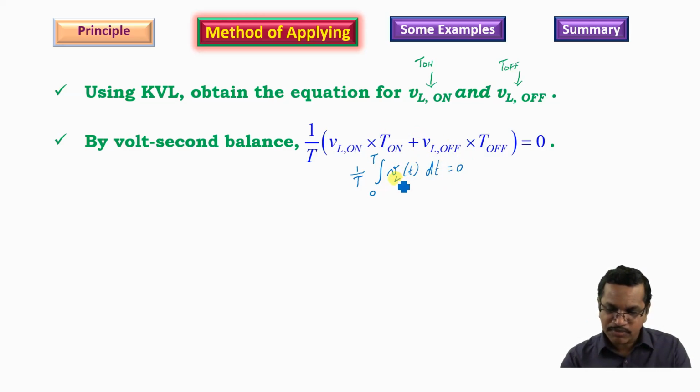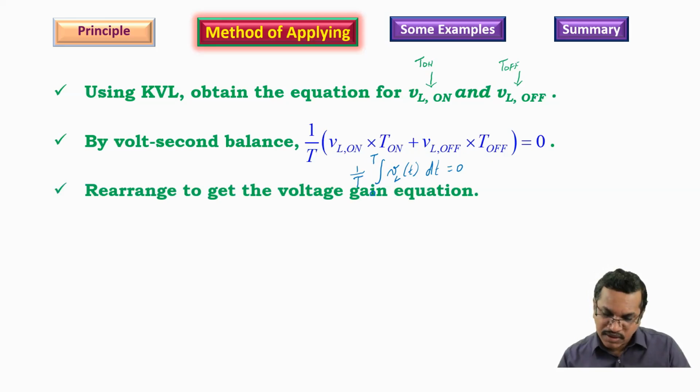So this equation comes from the basic equation through which we find the average voltage across the inductor. Now obviously 0 to T can be split up into 0 to T on plus the integral from T on to capital T. So that is how we get this equation. And after we substitute the known values, we will be in a position to get the voltage gain equation. So that is the basis on which we obtain the voltage gain equation.